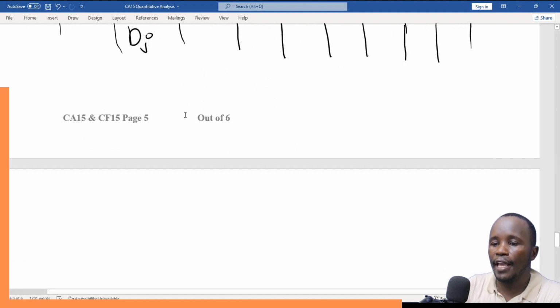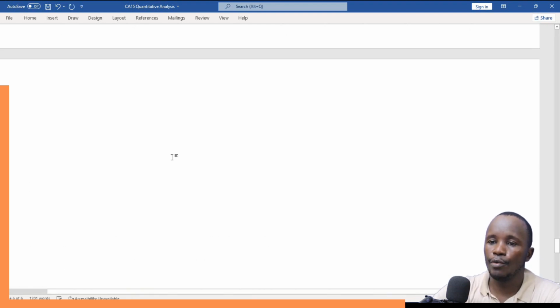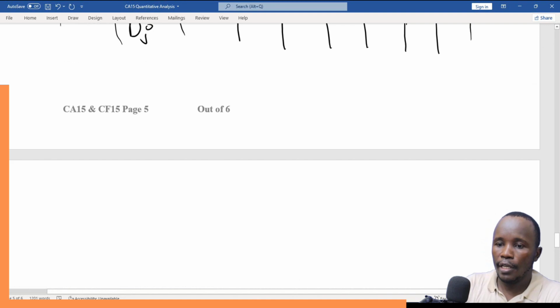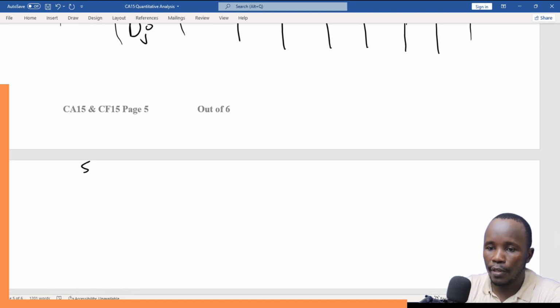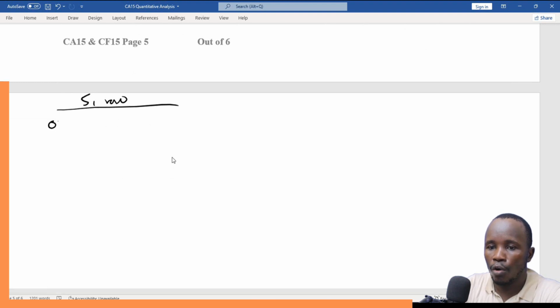Now, if you want to fill S1 row, there's some mathematics here we have to do. We have to identify the old row element minus new row elements multiplied by the balancing figure.